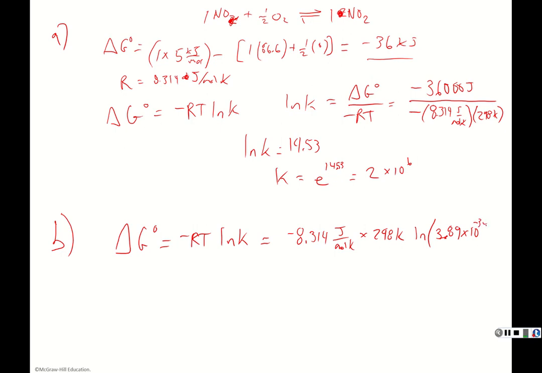So that's a very, very small equilibrium constant, and therefore delta G naught is going to be a positive value. That would be 191 kilojoules.